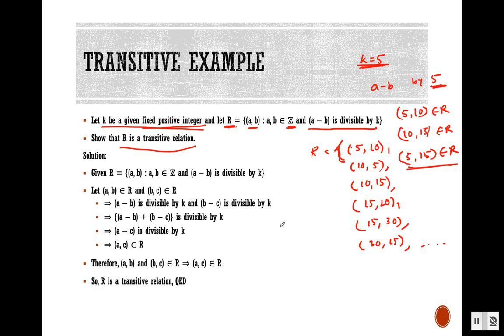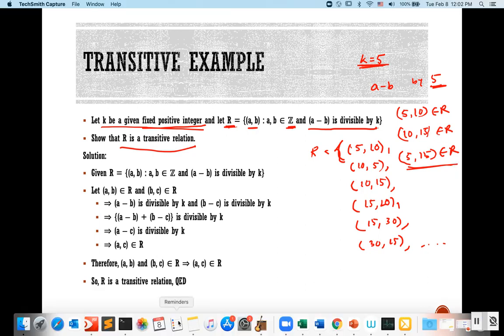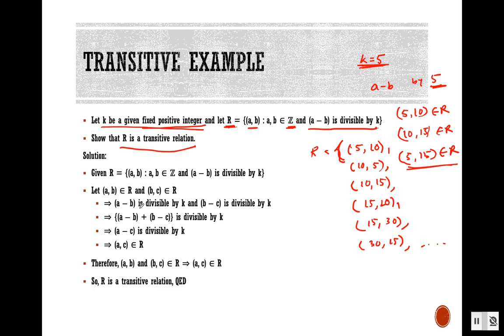So we can prove it like that. We know that (a, b) belongs to R means a minus b is divisible by k, and (b, c) belongs to R means b minus c is divisible by k. So if we add these two numbers, that will also be divisible by k.